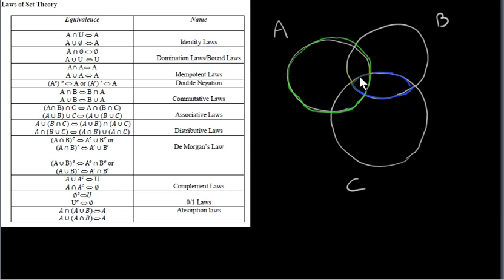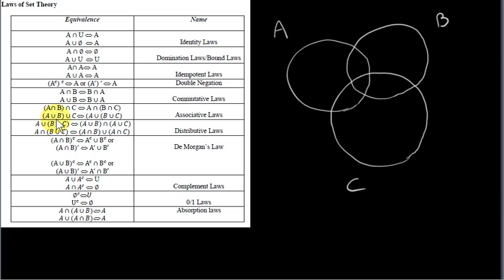So what's the intersection? Well, it's everything that's inside the green circle and also inside this blue region, so it's everything that's in here. But that's what we had earlier. So this region is the intersection of all three sets, so it doesn't matter which two we take first.